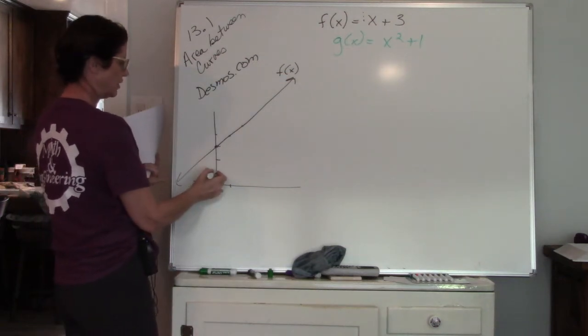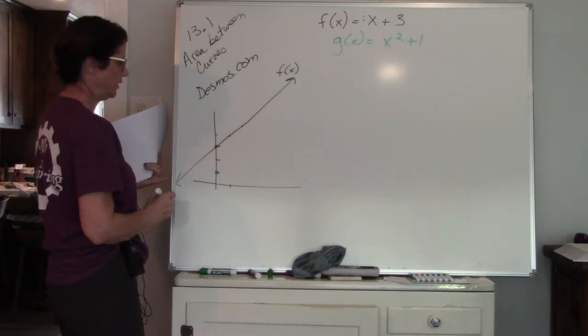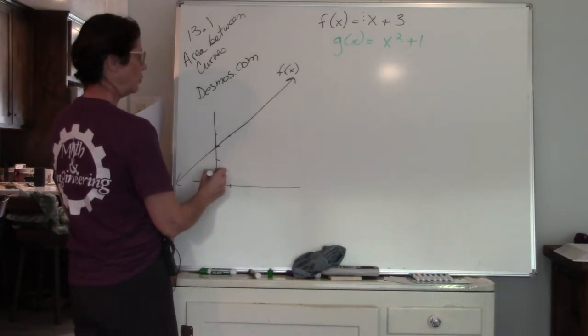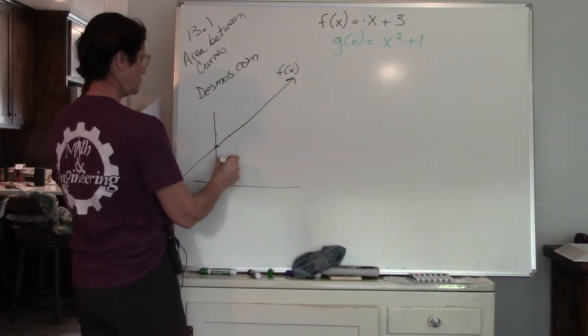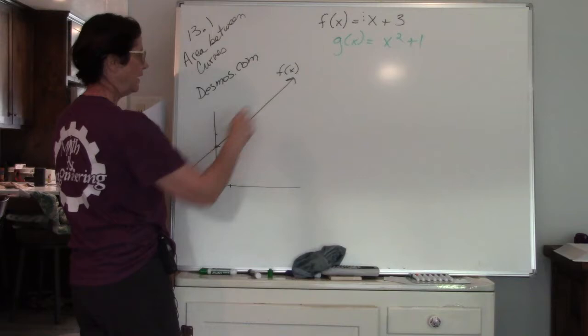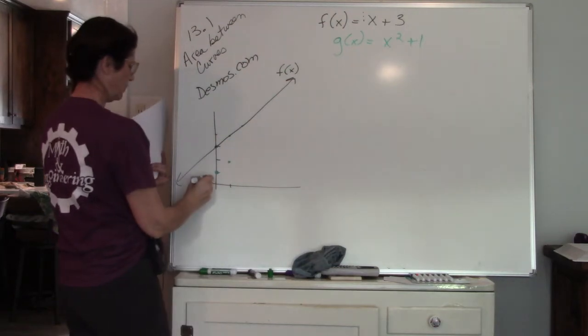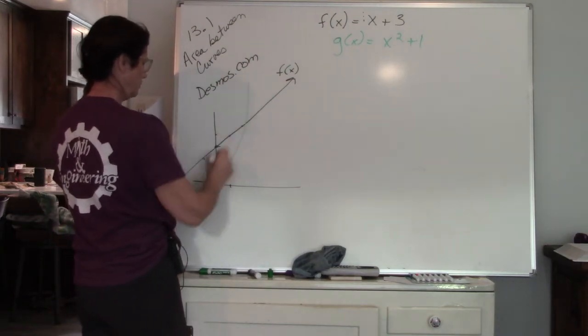So it's going to cross at 1 when x is 0. When I put in 1 here, 1 squared is 1, so when x is 1, y is 2. If I plug in negative 1, negative 1 times negative 1 is 1, plus 1, so when I have negative 1, I also get 2. So my parabola is going to look something like this.